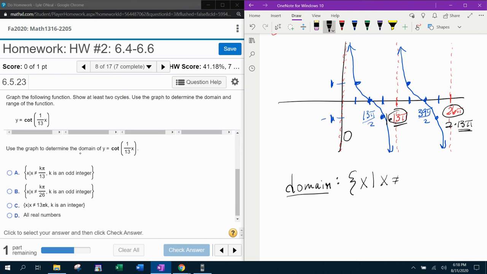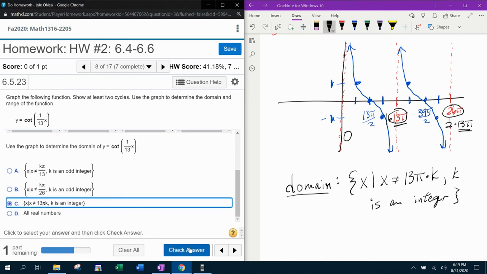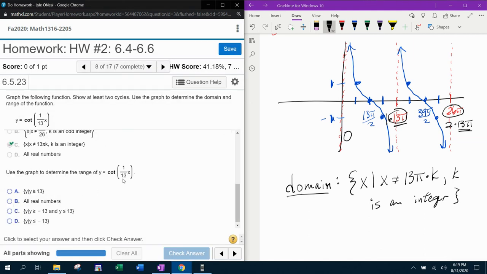So x such that x cannot be an integer multiple of 13 pi. 13 pi times k, where k is an integer. Not odd integer, any integer, all integers, okay? And that's going to be answer choice C. 13 pi k, k is an integer. And if we check that, we're good.